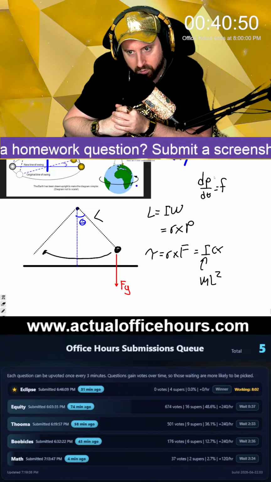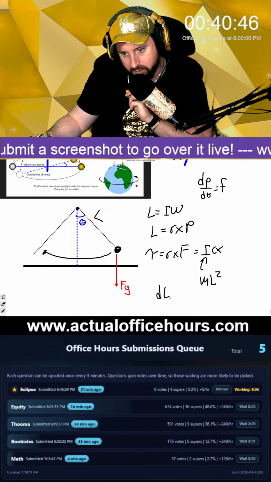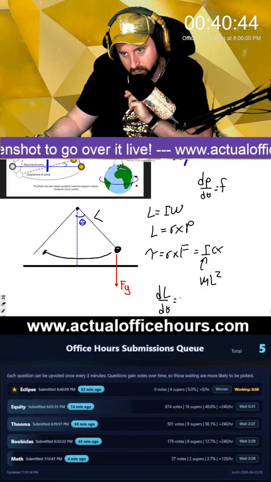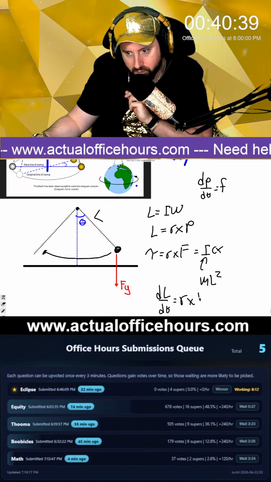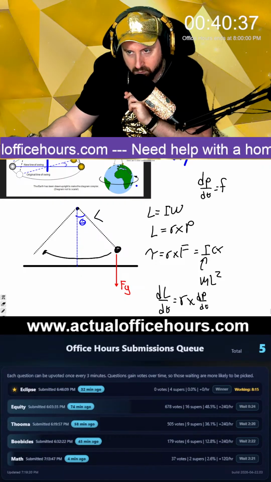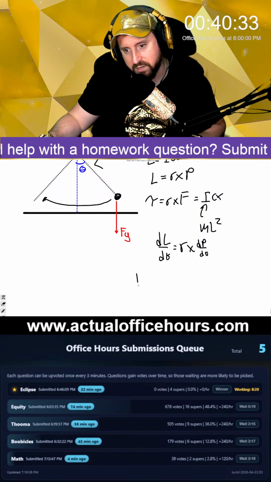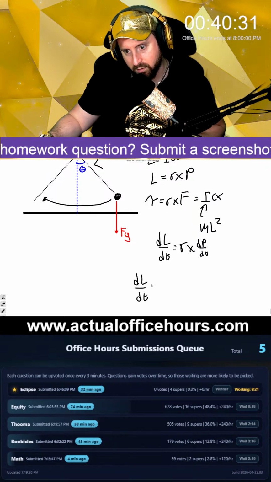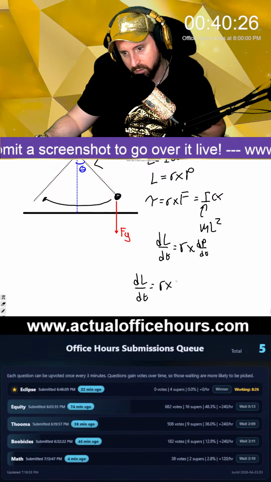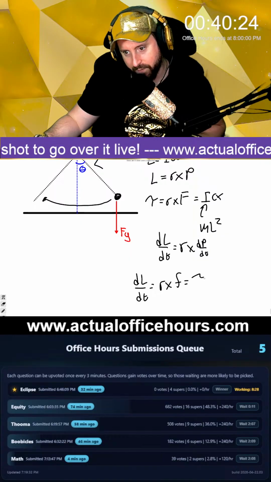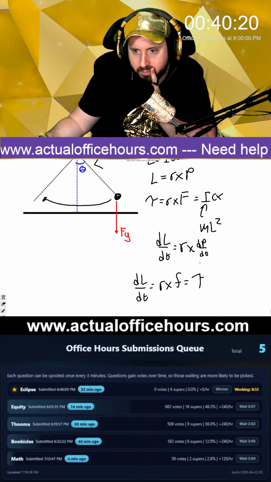Okay. So if L equals R cross P, then dL/dt is equal to, you assume r is not changing, r cross dP/dt. And that's where the r cross F comes from. Very cool, actually. So dL/dt is equal to torque. I love how physics is all self-consistent eventually.